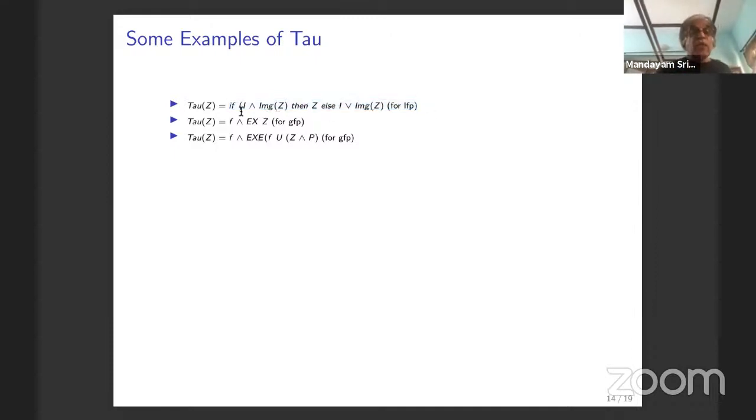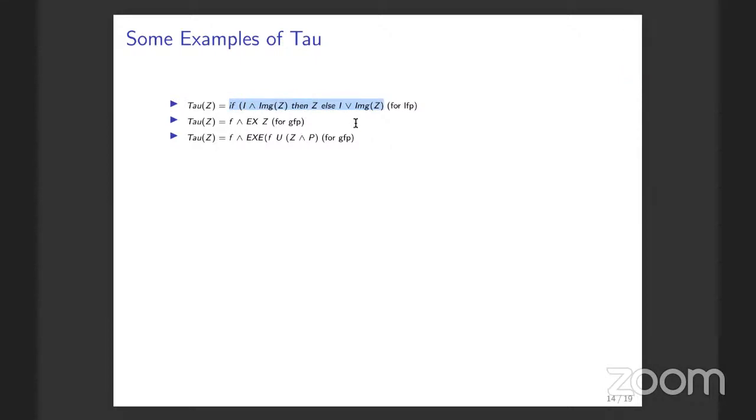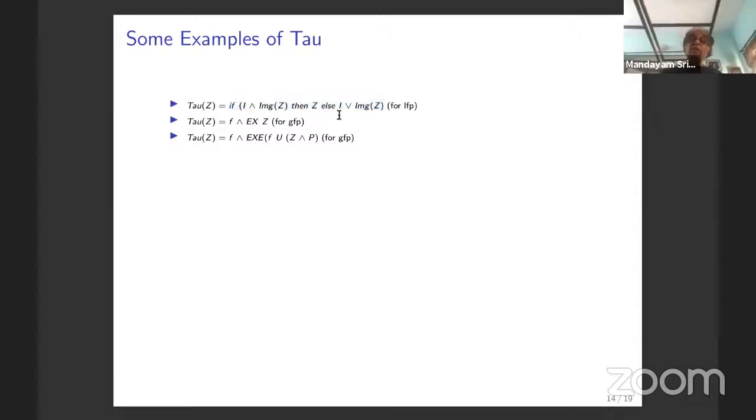So now I'll ask the question: what do you think I am doing here? Is it the set of states that are reachable from initial states? Well, if I only keep on adding, which is what the reachable set did, I add image Z. If you notice, this is just a slight variant of it.